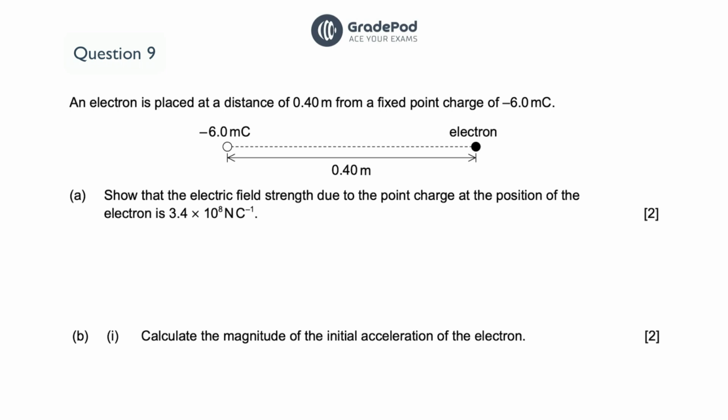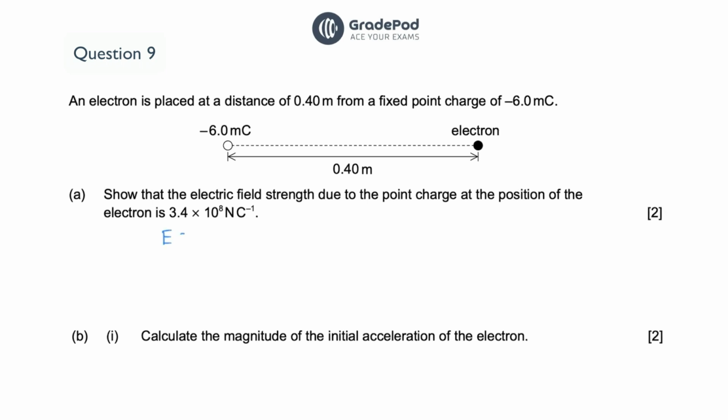An electron is placed at a distance of 0.4 metres from a fixed point charge of -6 millicoulombs. A. Show that the electric field strength due to the point charge at the position of the electron is 3.4 times 10 to the 8 newtons per coulomb. Okay, well, E equals KQ over R squared. You'll remember from question 1, we're saying that K is equal to 8.99 times 10 to the 9. Q is the charge on the fixed charge, which is 6 times 10 to the minus 3. You'll notice I haven't put minus in there.